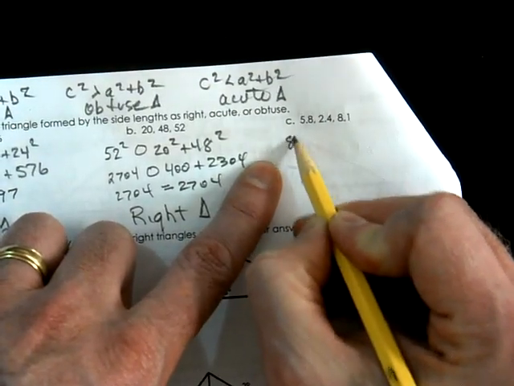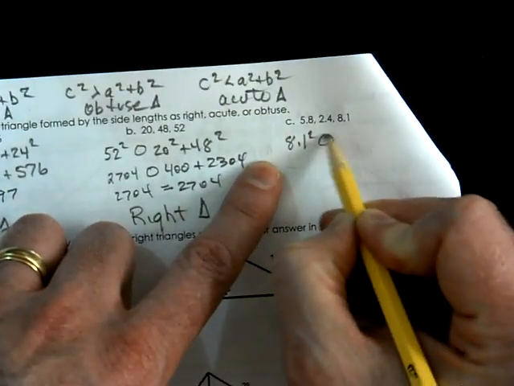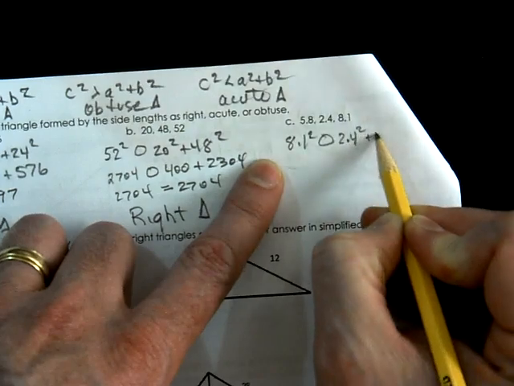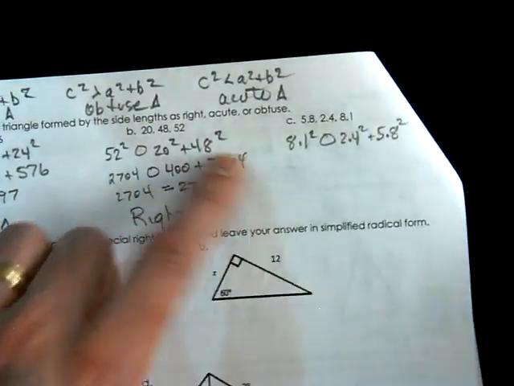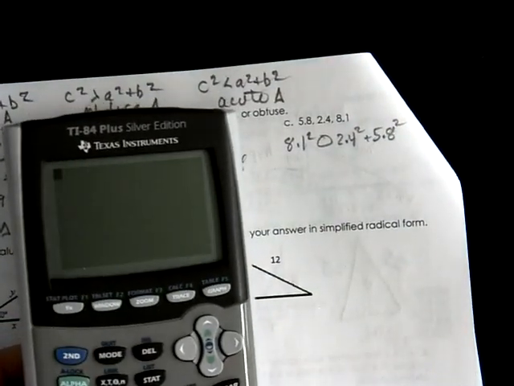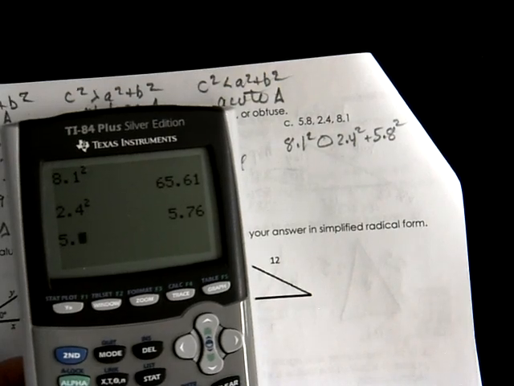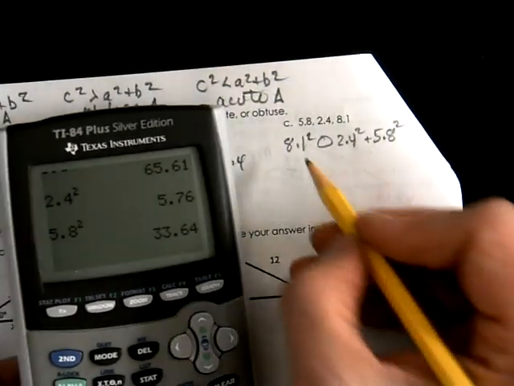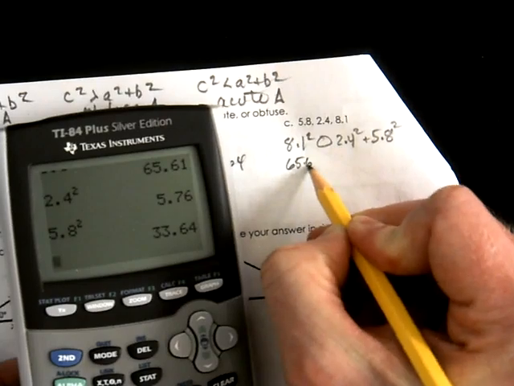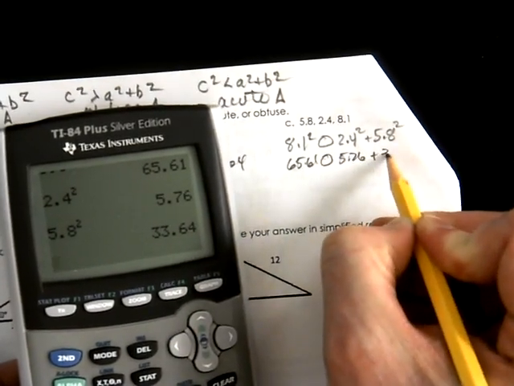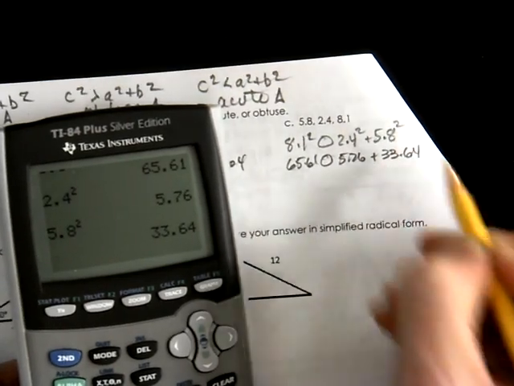The largest number is 8. Compare that with 2.4 squared and add that to 5.8 squared. So we're getting 65.61, 5.76, and 33.64.